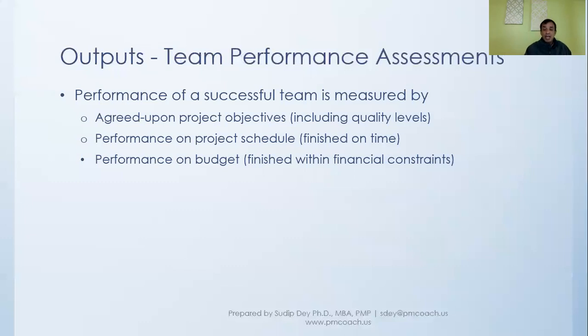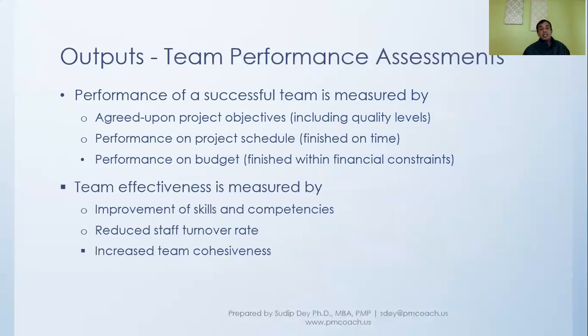Now, corresponding to that, there are certain criteria for understanding the effectiveness of our team. The effectiveness of a team will be measured by how much the skills and competencies have improved for the team members, and whether the team remained in the project, or there was a lot of staff turnover.